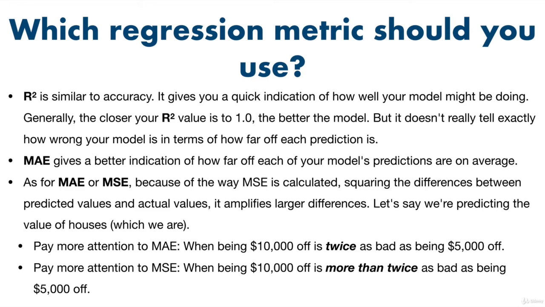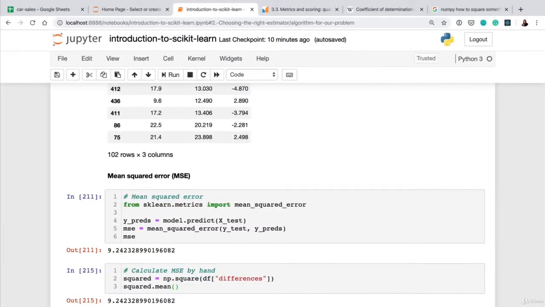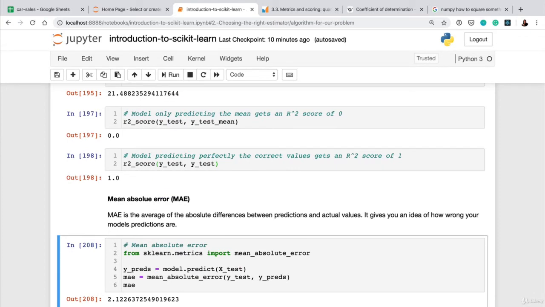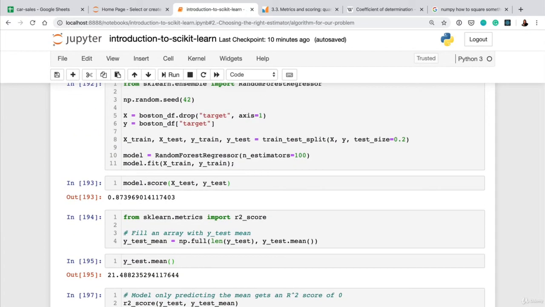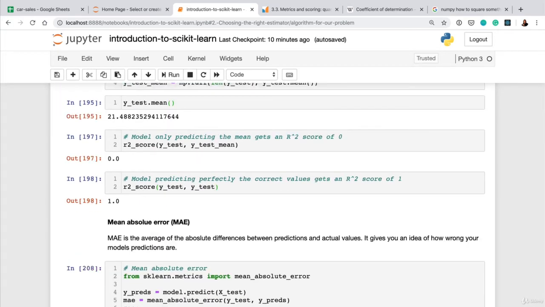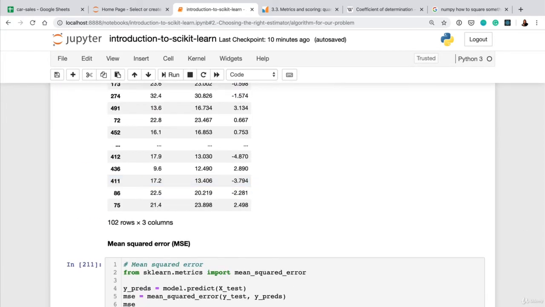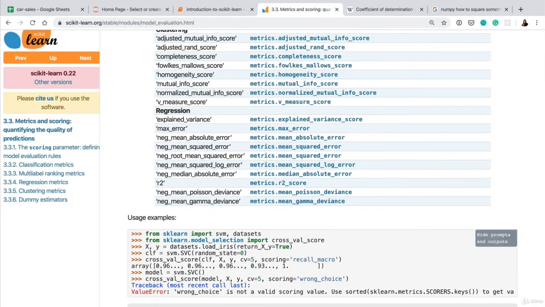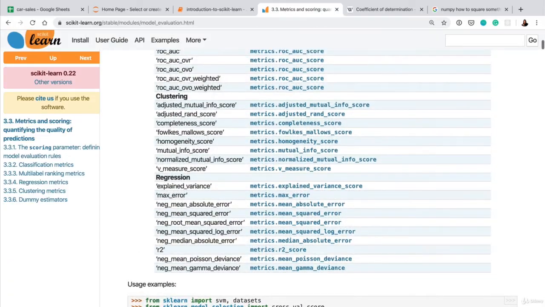Long story short, a little tidbit here is that for regression models, you want to minimize mean squared error and minimize mean absolute error while maximizing R squared, right? Does that make sense? Minimize mean absolute error, minimize mean squared error, while maximizing R squared. Whew. Now that we've covered a handful of some of the most useful and common regression metrics, we come back here, and we see that there's still a fair few more that we could have done.